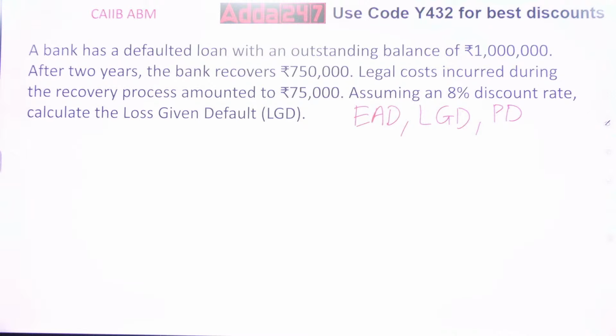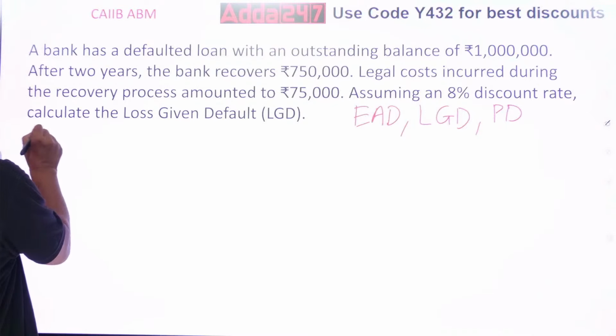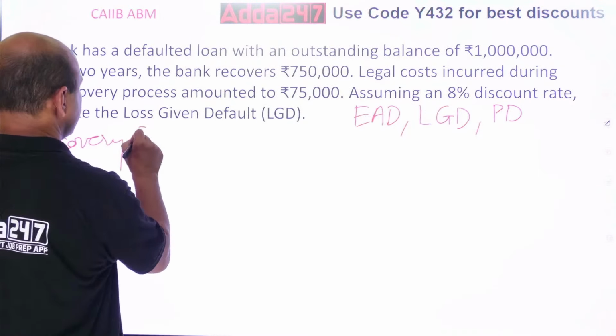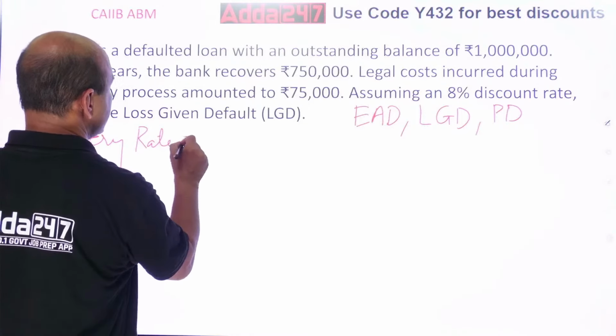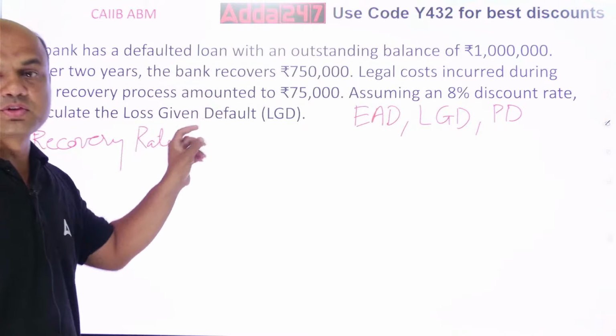So it is to be done on an ongoing basis. First do this. First find out the recovery rate. For that you need to first find out the total recovery which you have made.